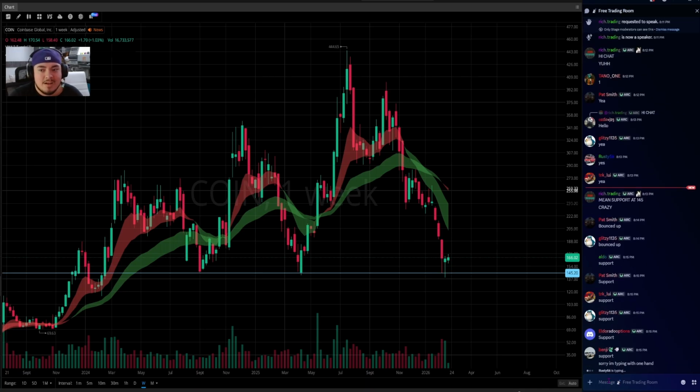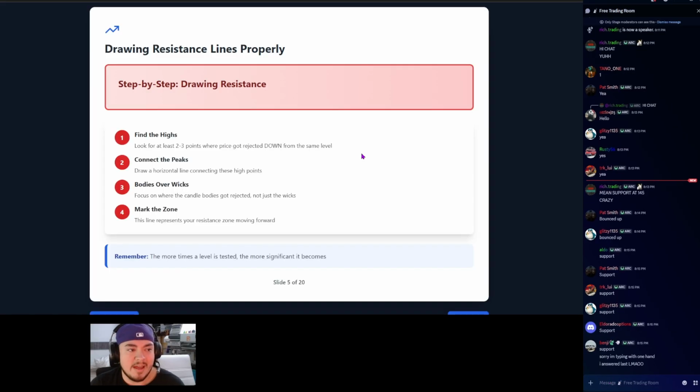You're typically looking for these levels on a higher time frame. As you can see here, we are looking at a 1 week chart. For the levels of resistance, step by step drawing resistance lines, it's the same exact logic that we just applied, just for the upside, guys. So instead of looking for where the floor is on the stock, when you're looking for a resistance, you're looking for a ceiling.